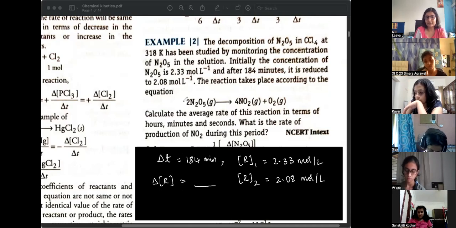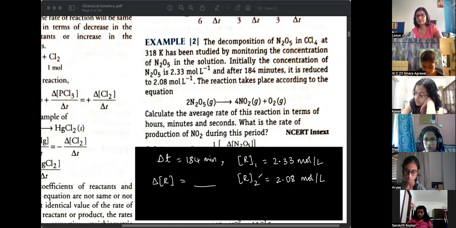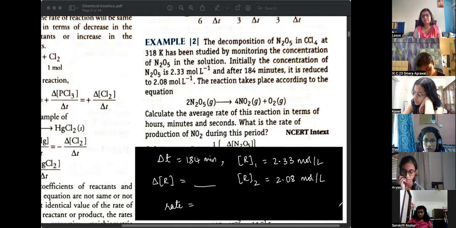Then the reaction is given. There are stoichiometric coefficients, so be careful in your rate calculation. I'll give you a minute once you finish.